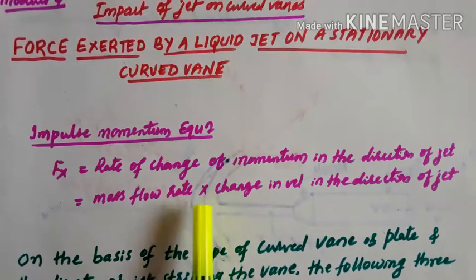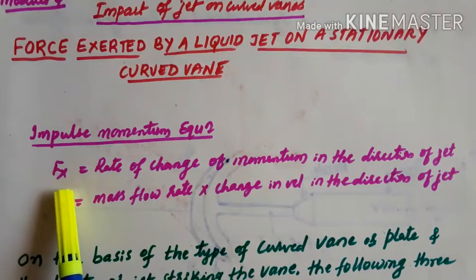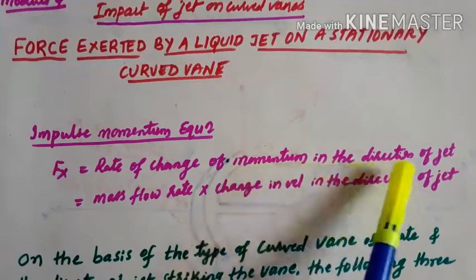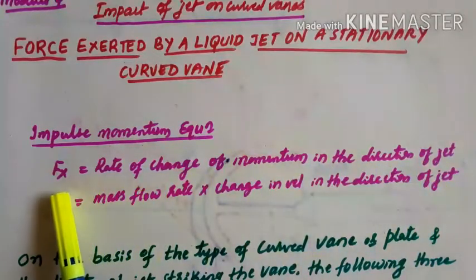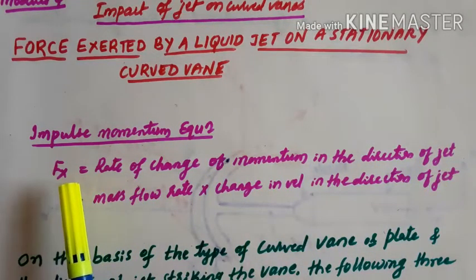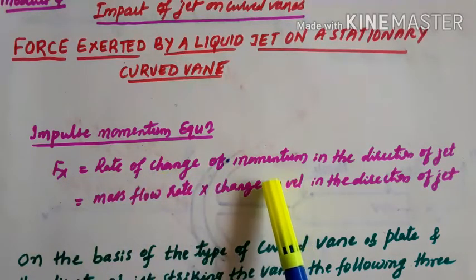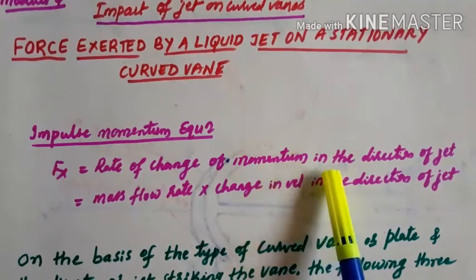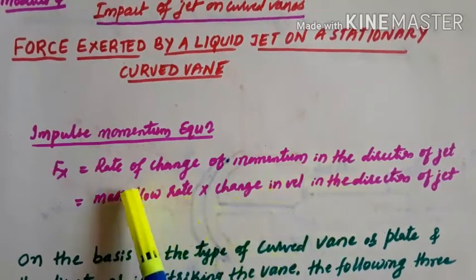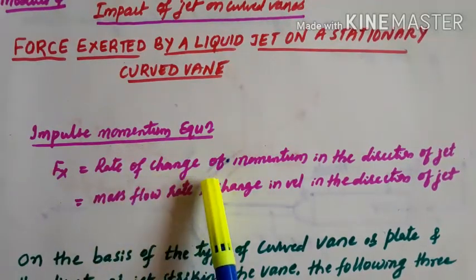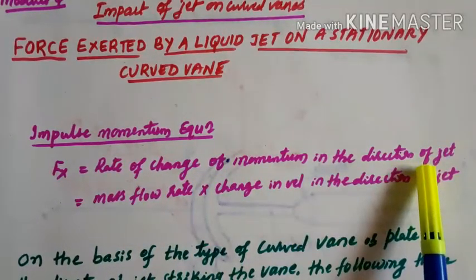What that equation says is that the force in x direction is equal to the rate of change of momentum in the direction of jet. In whichever direction the jet is acting and exerting a force, in that direction the momentum of the liquid changes.